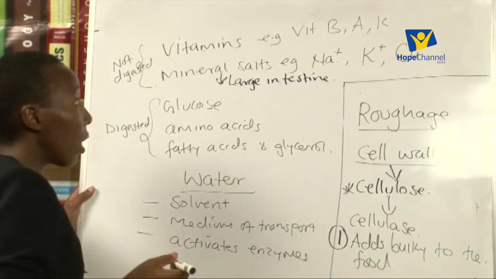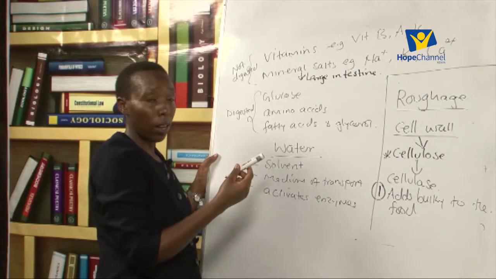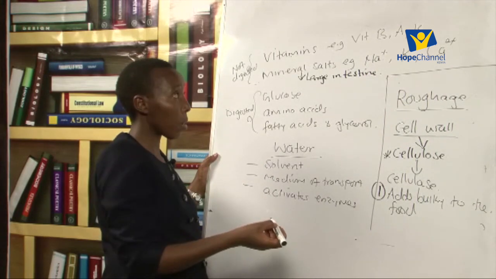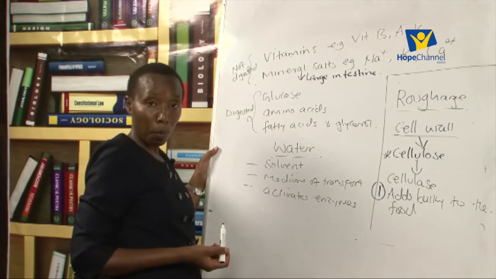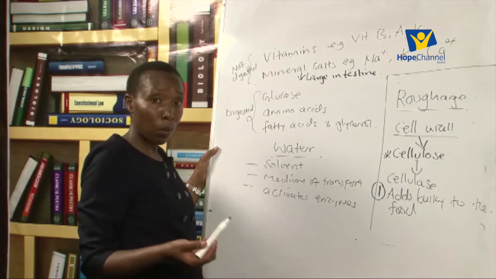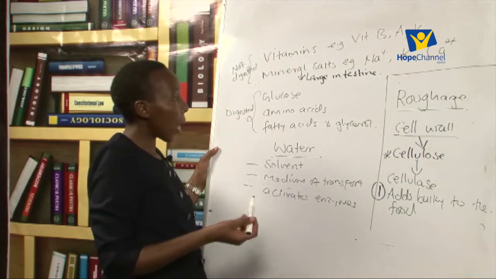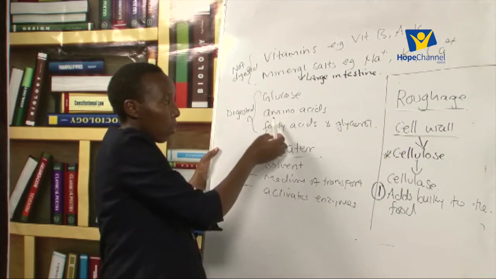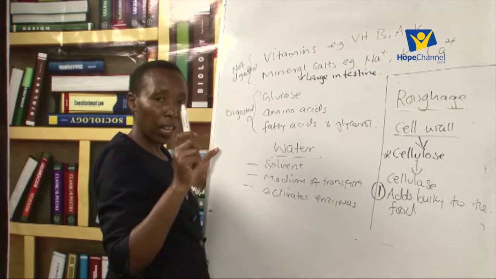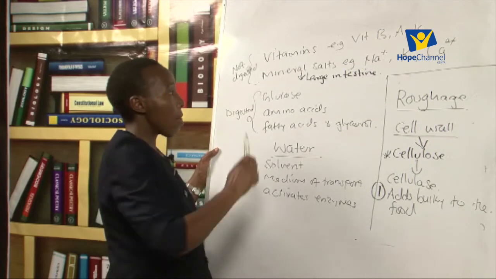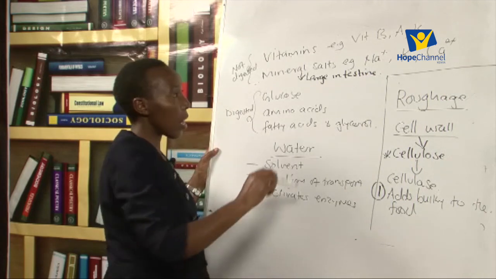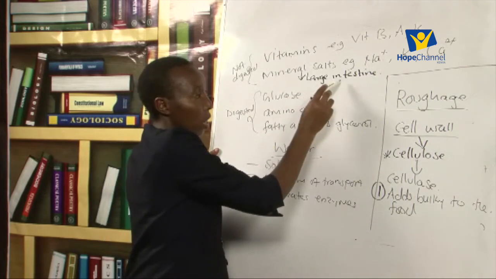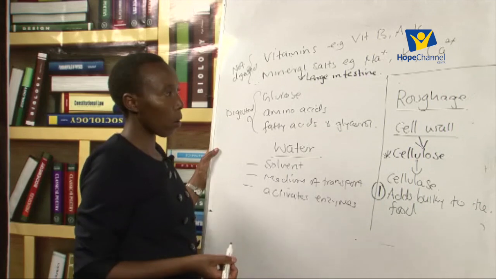So we are saying some water-soluble vitamins can be absorbed together with water in the stomach because they don't need what? Digestion. But the end products of digestion are absorbed in the ileum. The mineral salts, which we also take in our diet, are absorbed in the large intestine, that is in the colon.